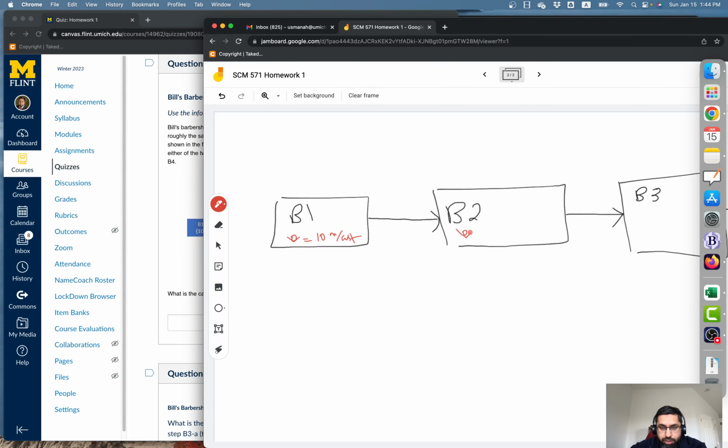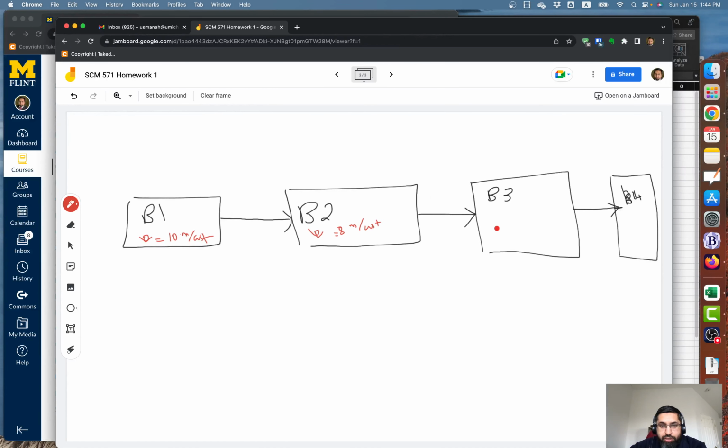And now B3 is where interesting things happen, because we have two workers here, 1 and 2. Worker 1 takes 15 minutes per customer, and worker 2 in our simple example is also going to take 15 minutes per customer.